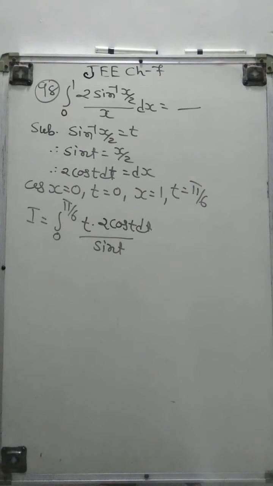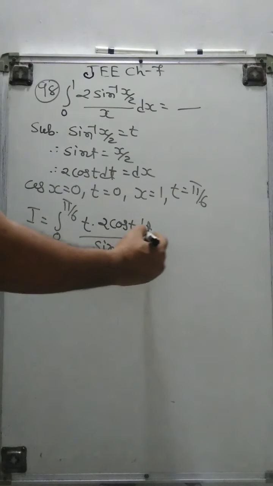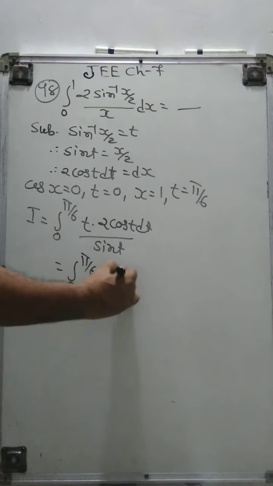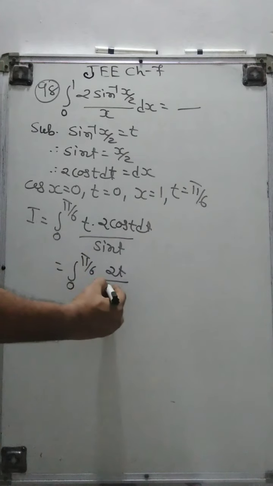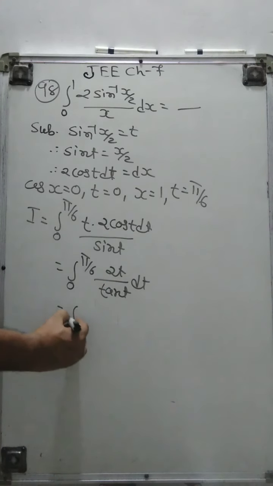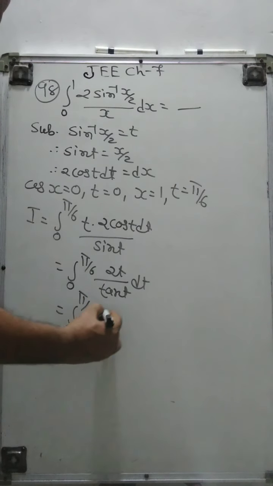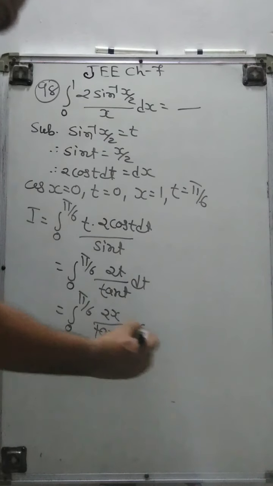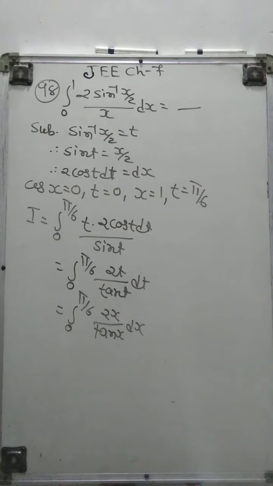So it is integral from 0 to pi by 6 of 2t upon sin t upon cos t, means 2t upon tan t dt, or if we interchange the variable, then 2x upon tan x dx. This is our function, right? So this way we can obtain this answer. Now we go for the next one.